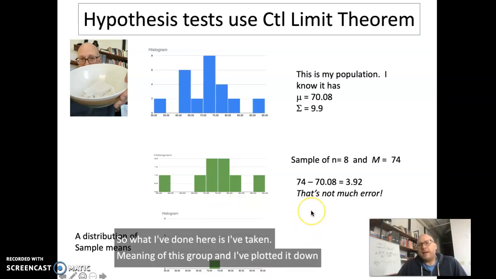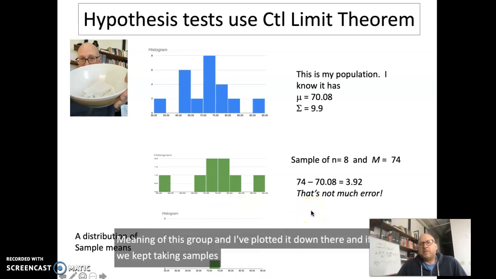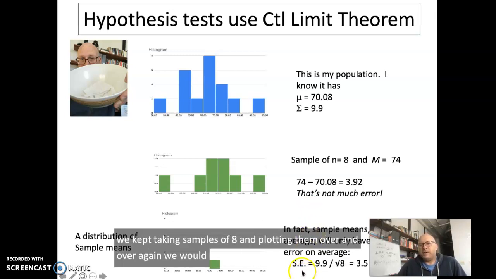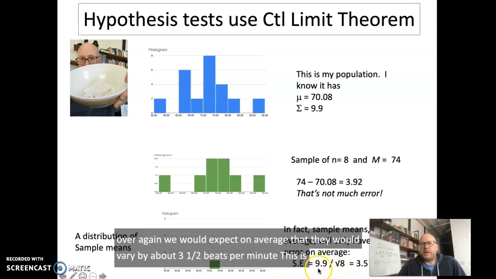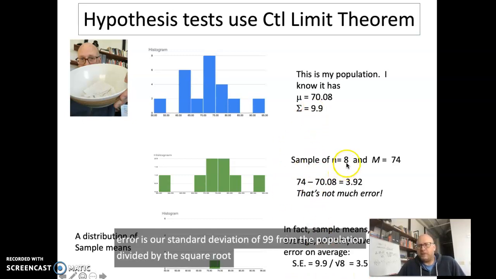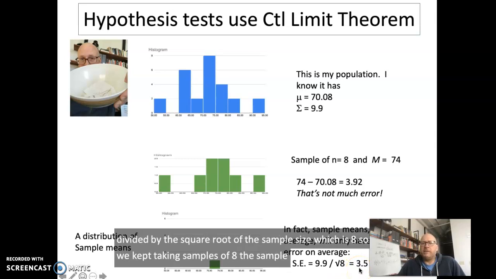And if we kept taking samples of 8 and plotting them over and over again, we would expect on average that they would vary by about 3.5 beats per minute. This is our standard error. It's our standard deviation of 9.9 from the population divided by the square root of the sample size, which is 8. So if we kept taking samples of 8, the sample means would usually be 70.08, give or take about 3.5.